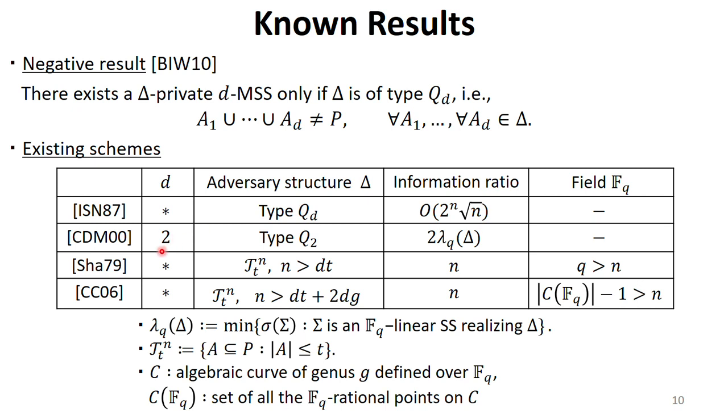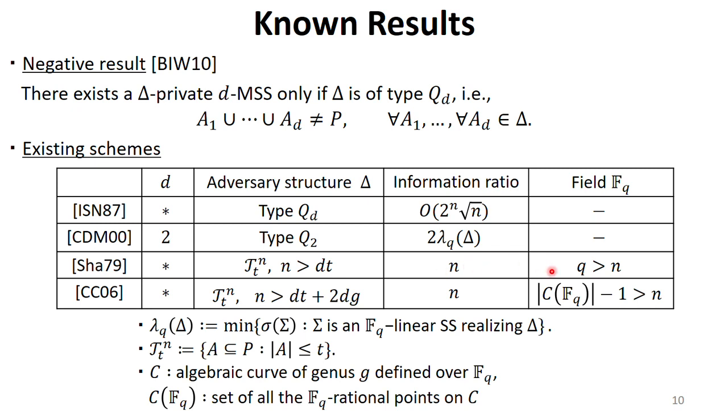And when d is equal to 2, any linear secret sharing scheme realizing the adversary structure delta can be converted into a 2-multiplicative one with small overhead. And so this is more efficient than the generic construction. And Shamir's scheme is also d-multiplicative, but this scheme is private only for threshold adversary structures. And these schemes achieve the optimal information ratio.